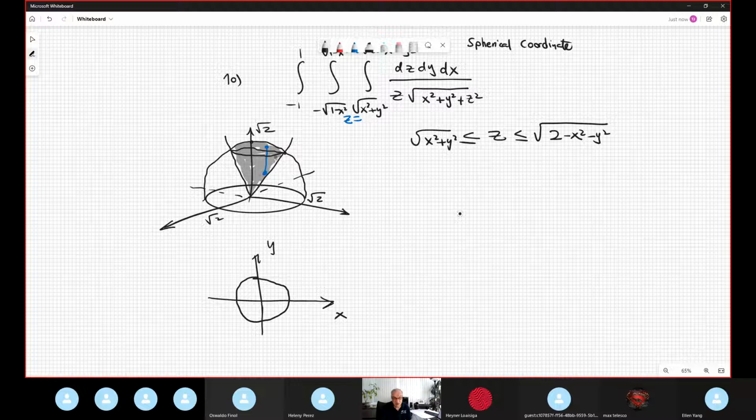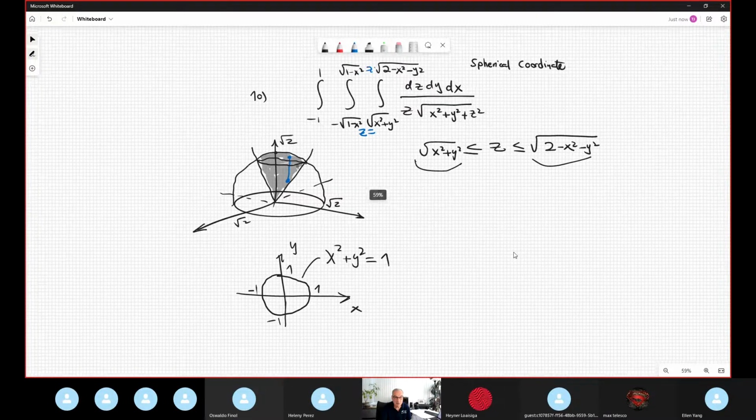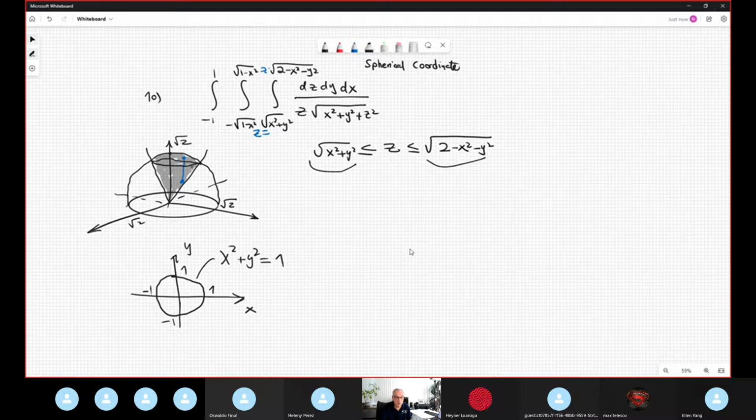So this part is radius 1: 1, 1, -1, and -1. How do you know that? When you put together this equation and this equation, you get x squared plus y squared equal 1. The student who set out this triple integral finished by doing the double integral in that region.